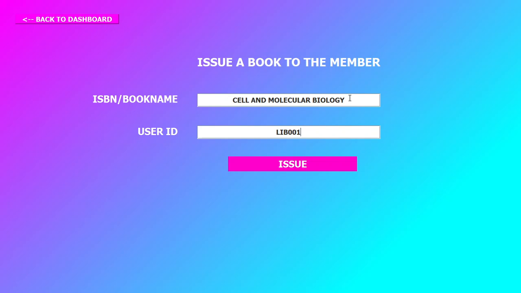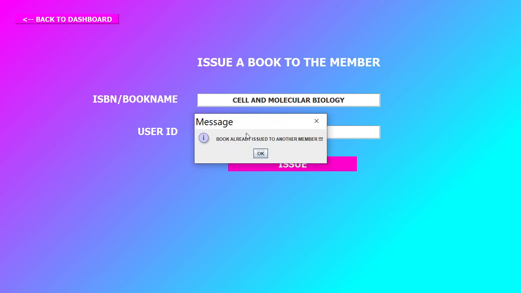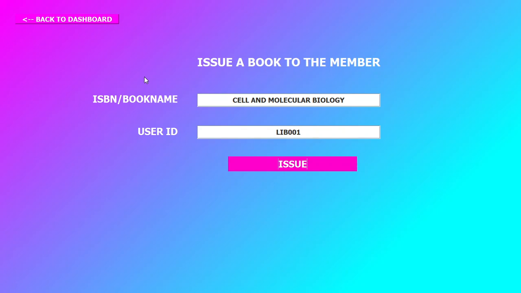We have just issued this book to Raman, and Raman has still not returned this book. Let's see what happens if we try to issue the same book to the first member. Then it will show book already issued to another member, because just now we have issued the Cell and Molecular Biology book to Raman. That's why it is showing that the book is already issued to another member.